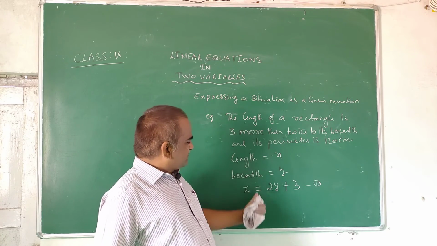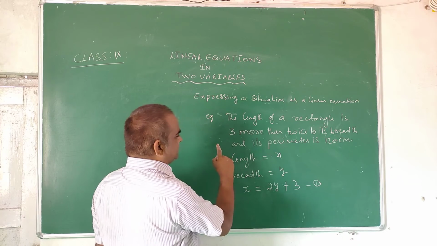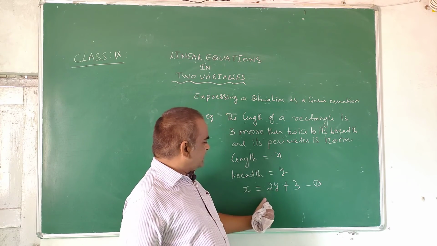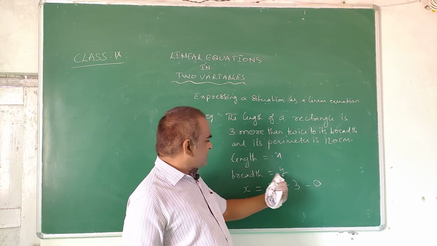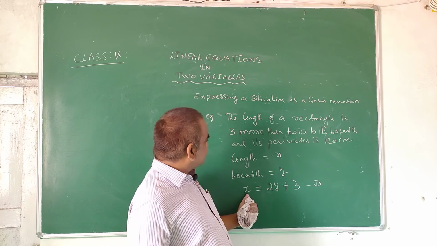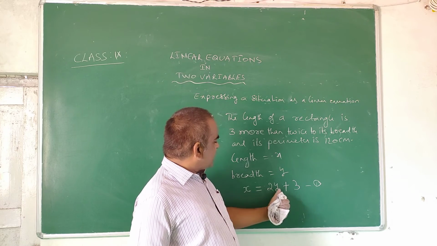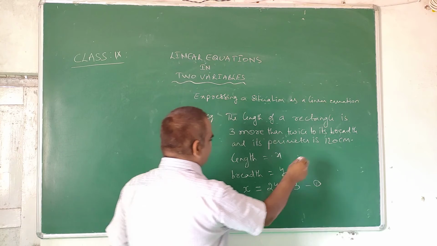So with the condition that length is 3 more than twice its breadth, we got one linear equation. We considered length as x, breadth as y. So as per the given information, x is equal to 2y + 3. So this is one equation you have got.